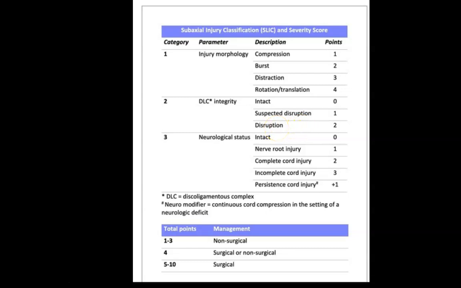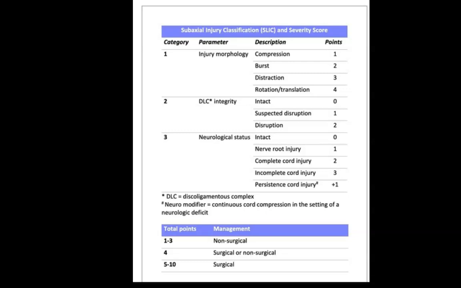How can you be sure? If you have widening of the distance between the spinous processes by the CT, so there is disruption of the ligament, or suspected disruption of the ligament, or intact ligament. The dorsoligamentous complex, it concentrates on the dorsal ligamentous complex, the supraspinous, the interspinous, the ligamentum flavum.